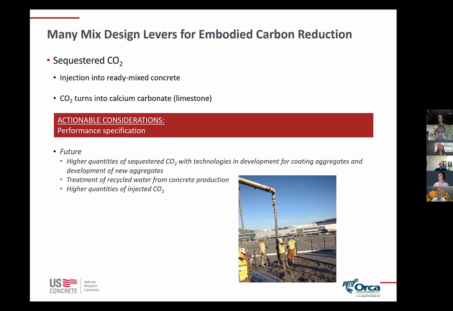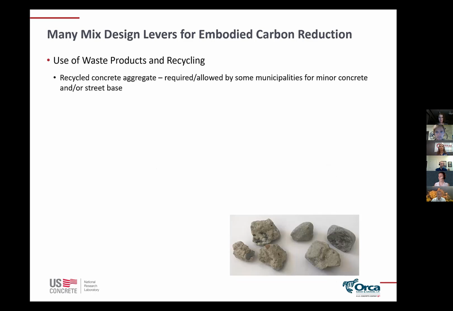Treatment of recycled water from concrete production is another piece in research. And then also ultimately looking at just doing higher quantities of injected CO2 just in concrete could be something that comes on in the future as we get more comfortable with working with this type of technology.